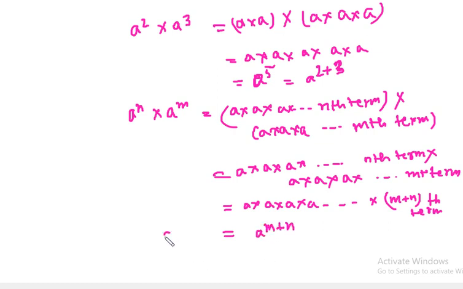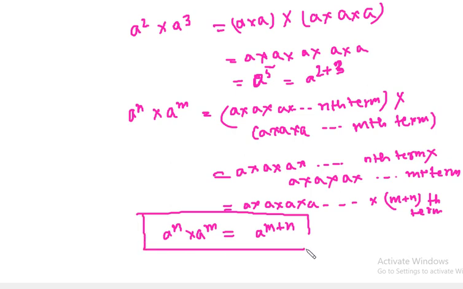This is very simple, you know this, that the powers are just added. And why are powers added? Because a to the power n means this and a to the power m means this, and we see that a to the power n times a to the power m is a to the power m plus n.